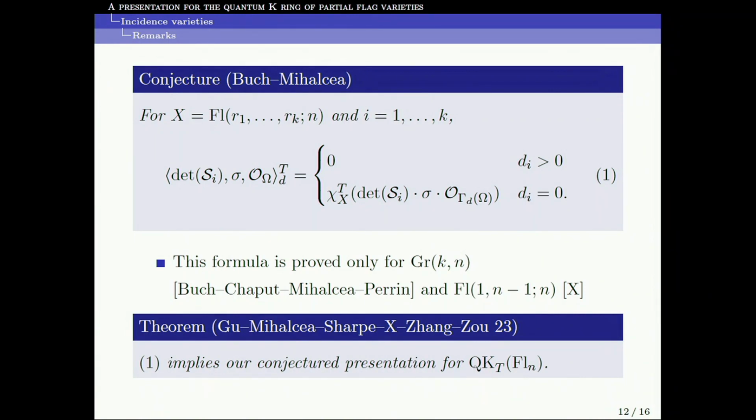In fact, this formula is expected to hold for all partial flag varieties. This is a conjecture of my advisor Anders Buch and my postdoc mentor Leonardo Mihalcea. And Leonardo stated this conjecture in his lecture as well. But so far, it's not been proved beyond the Grassmannians and the incidence varieties case.